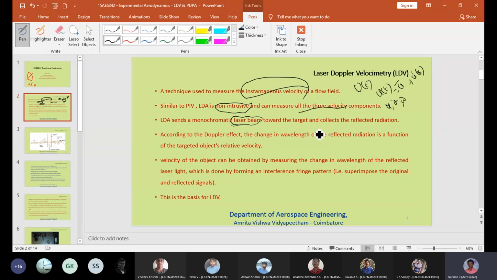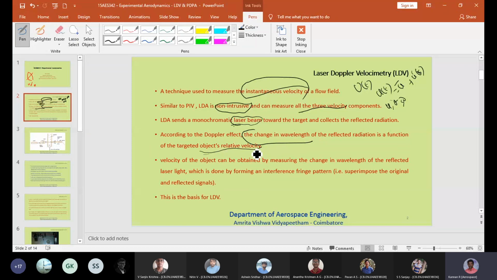That beam is going to pass through the region where we have to make a measurement, and with the help of the receiving optics, the receiver, we are going to measure the reflected light radiation and its wavelength. According to the Doppler effect, the change in wavelength of the reflected radiation is a function of the target object's relative velocity.